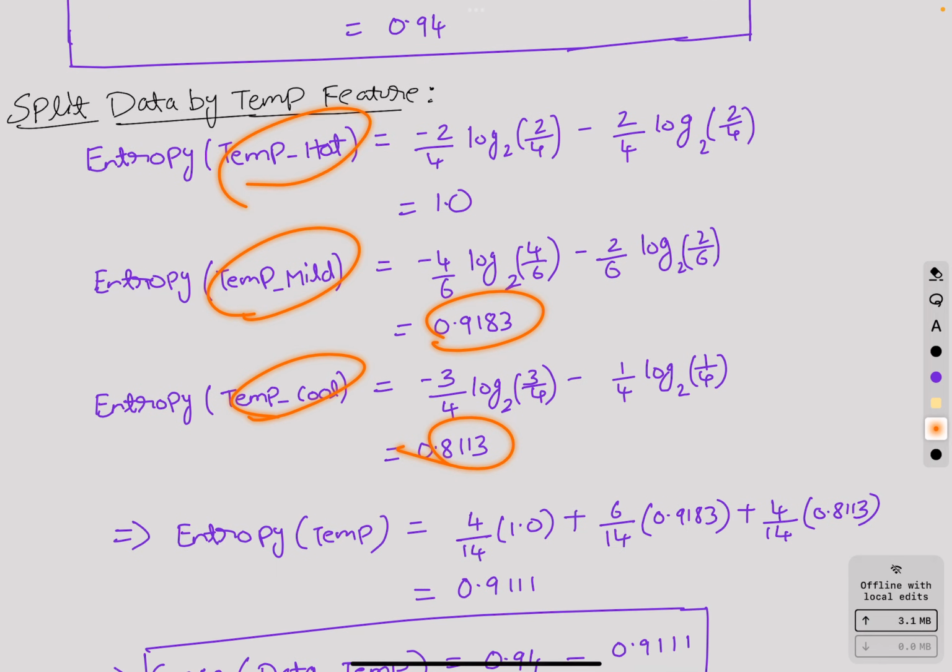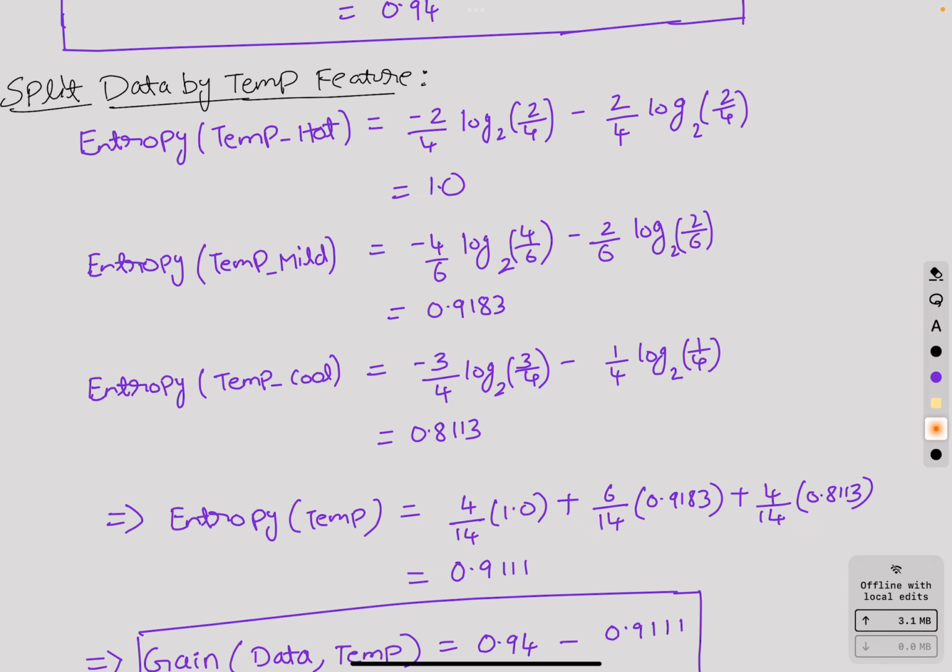Now let me find the weighted average of all the entropies. To know the entropy, if I divide my data based on temperature, it is this into 4 by 14, because there are 14 records and 4 records belong to hot, and again 6 by 14 into this plus 4 by 14 into this.